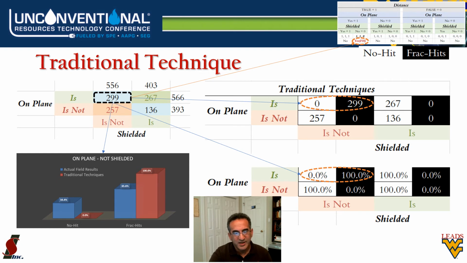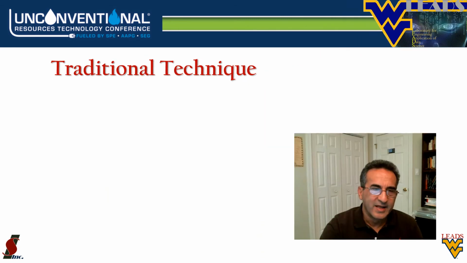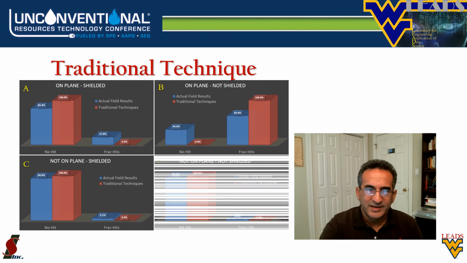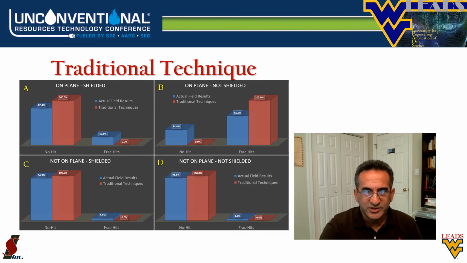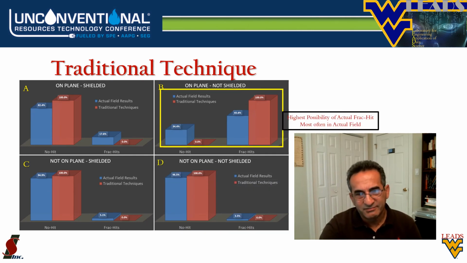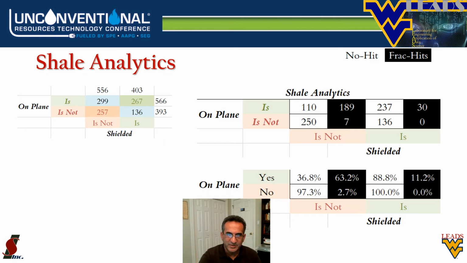And that's where the traditional technique is most wrong, and as I mentioned, this is where it happens most of the time. So when you look at how the traditional technique predicts it, the one that is most important is the one it is most wrong about, and it cannot tell you what really happens.